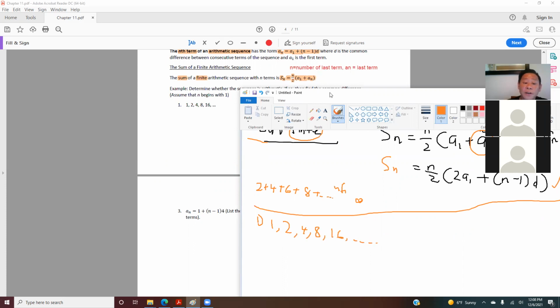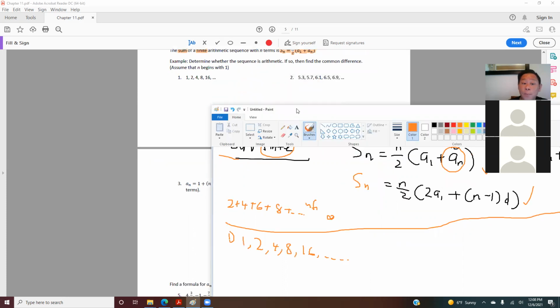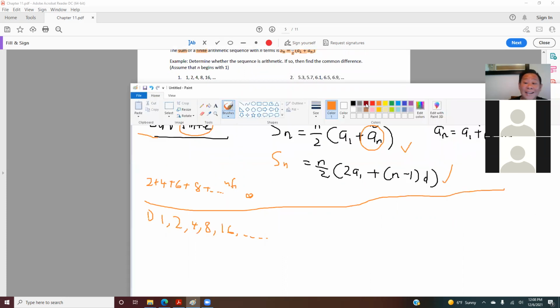So in order for us to figure out if this is an arithmetic sequence, you look at d. And how do we find d in this case? You take the second term minus the first term. So in this case 2 minus 1 is 1. And you also need to take the third term minus the second term, and they should be the same.